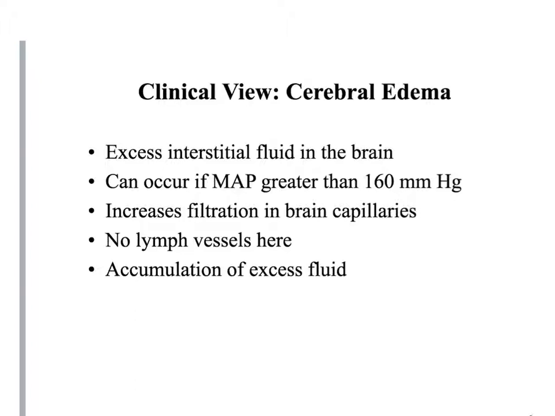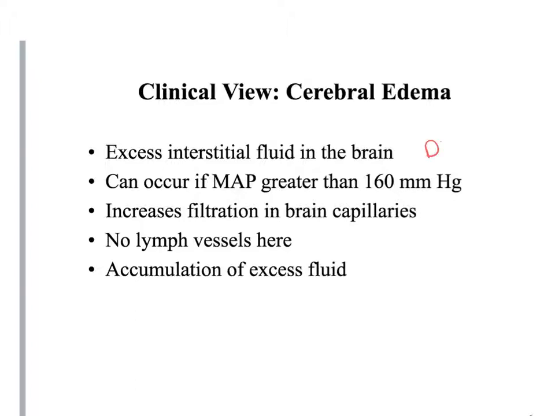Okay? So if you have a higher pressure, it pushes more fluid out, but in the head and in the cerebrum, there are no lymphatic vessels. So in the cerebrum, you can't pick up excess fluid. So if you have a high mean arterial pressure, right, 160 millimeters of mercury, mean arterial pressure. Mean arterial pressure is equal to what?